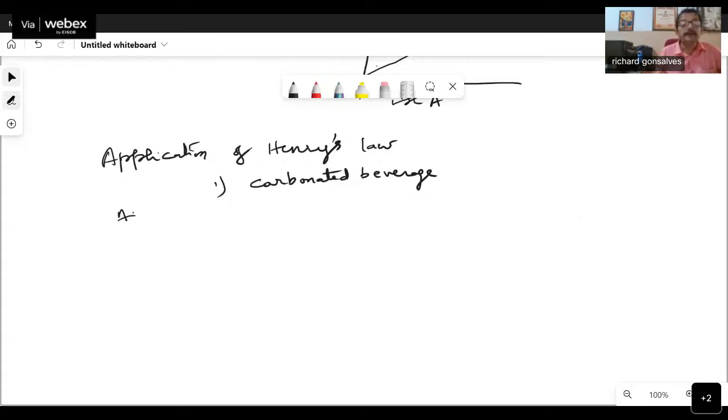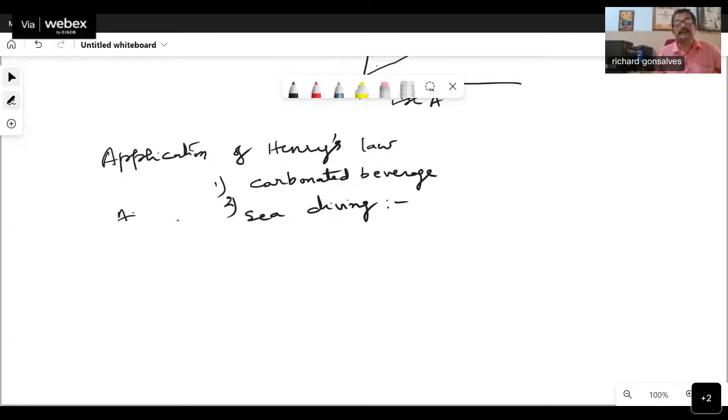That's the first point. Second point, sea diving. What is the meaning of sea diving? If a person is getting deep into the sea, what happens? Pressure increases. When the pressure increases, if you are using ordinary gas, what is that?